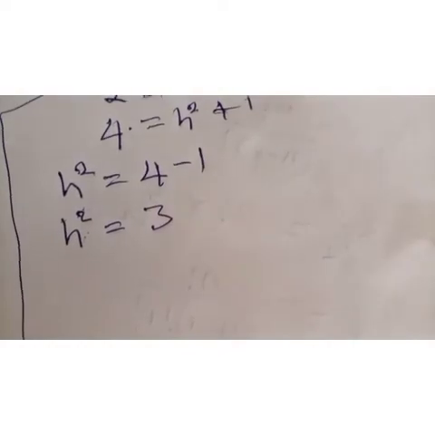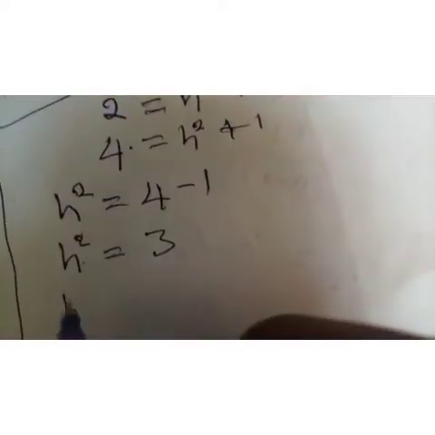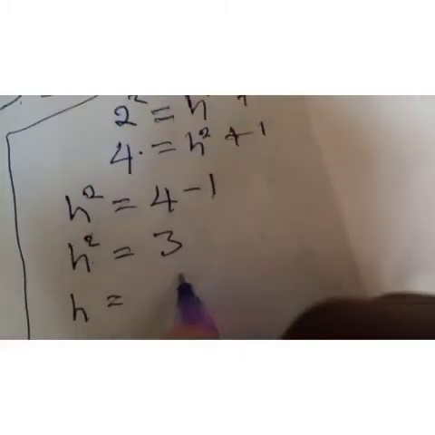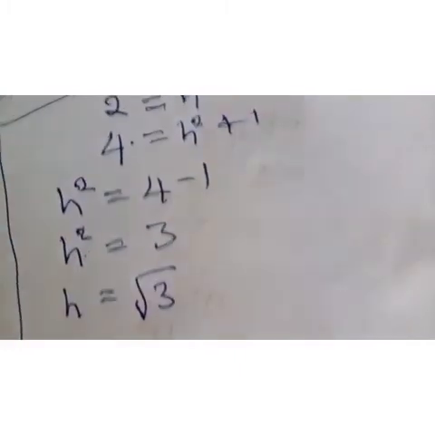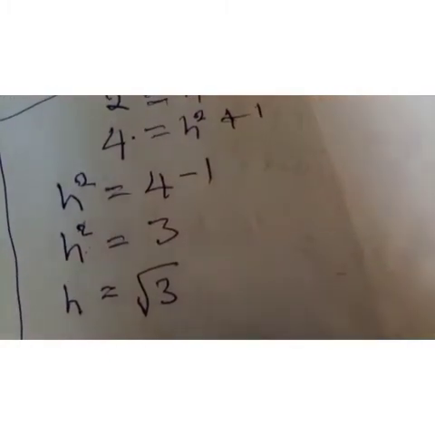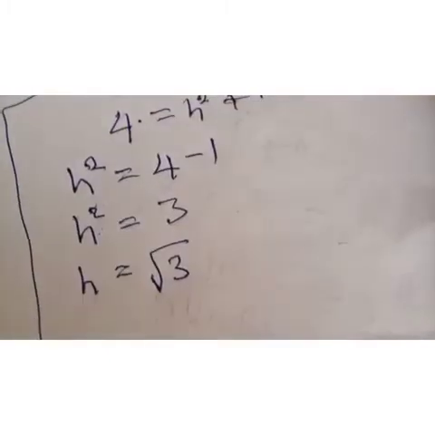But we are looking for the height. We are looking for the h, not the h square. So when we remove the square this side, we introduce the square root this side. So our h now becomes square root of 3.